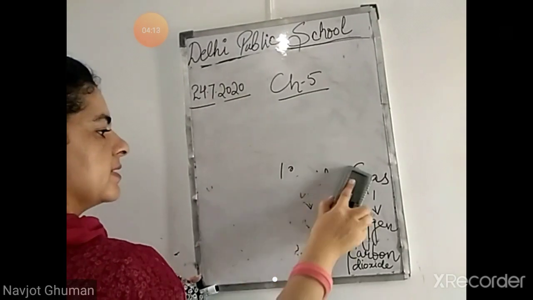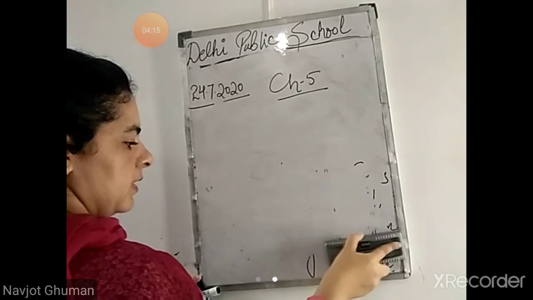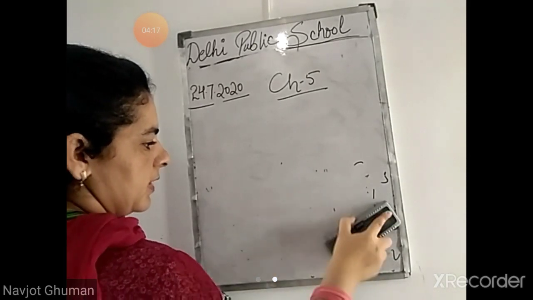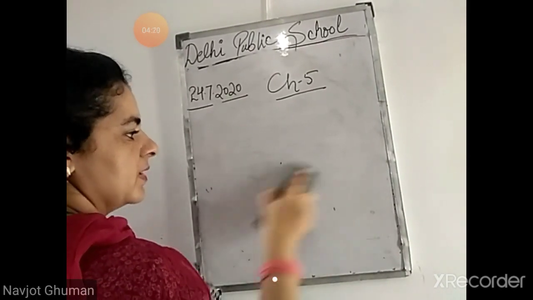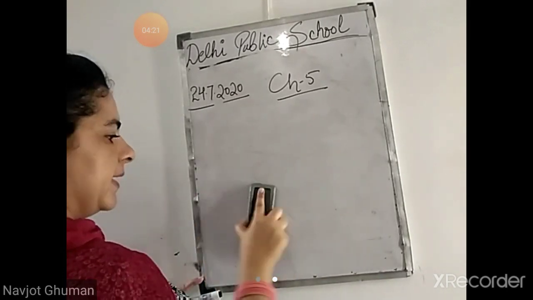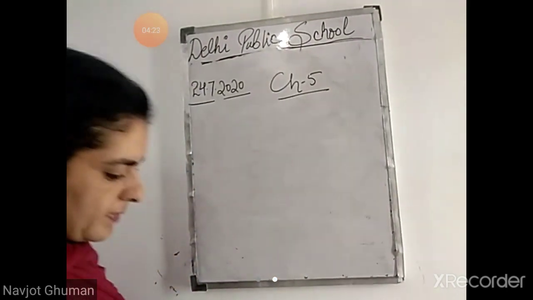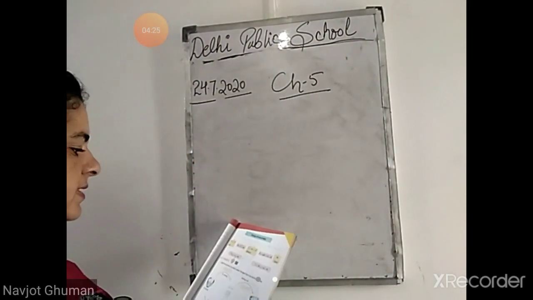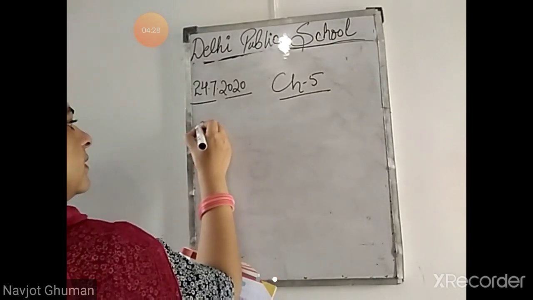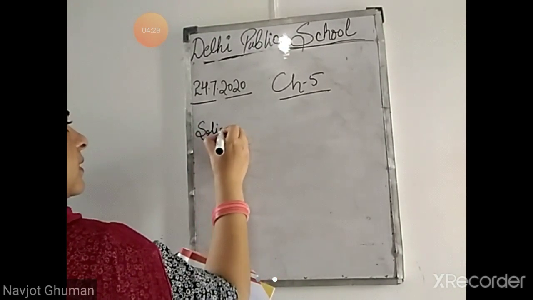We know that ice is the solid form of water. Ice converts into water by which process? It converts into water by melting. First is solid, that is ice.